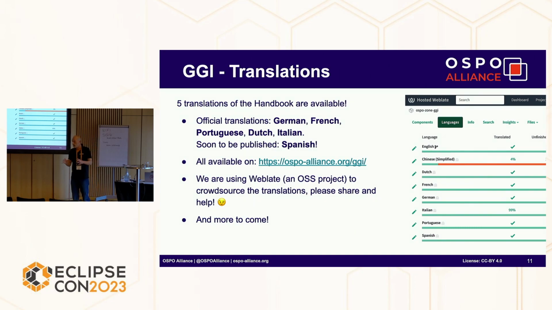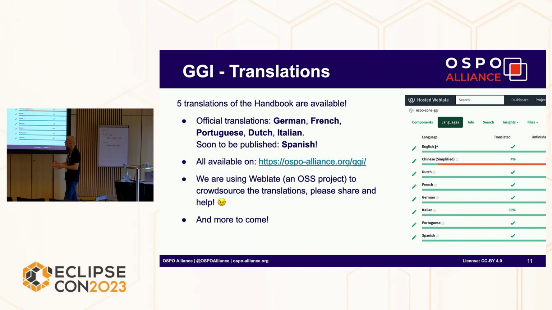The handbook was written in English, and we do not speak many languages among the core maintainers of the group. So we use Weblate, which is an open source project with a platform that open source projects can use.